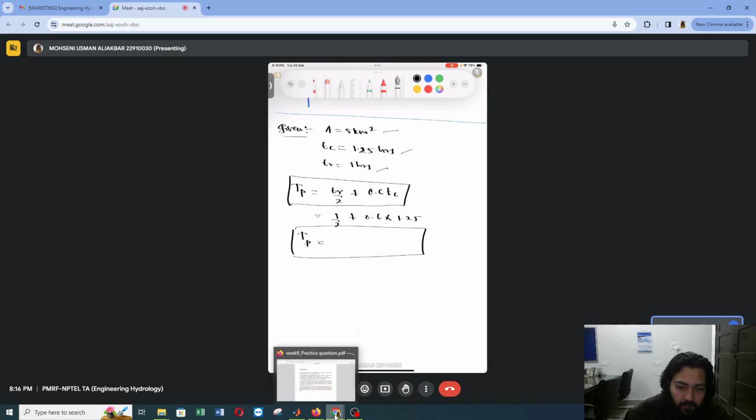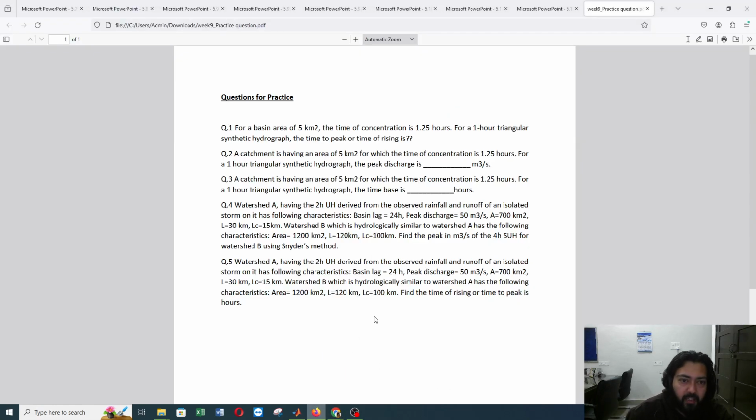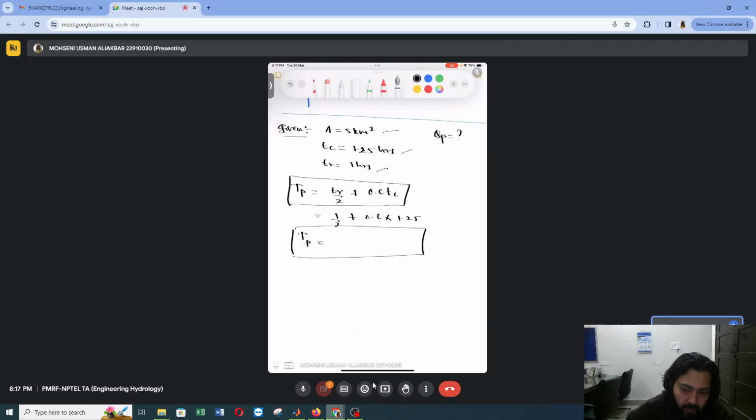Then in the next question they ask, what if all these values are the same and we are asked to calculate the peak discharge? Keeping all the conditions the same, we calculate the peak discharge, right?